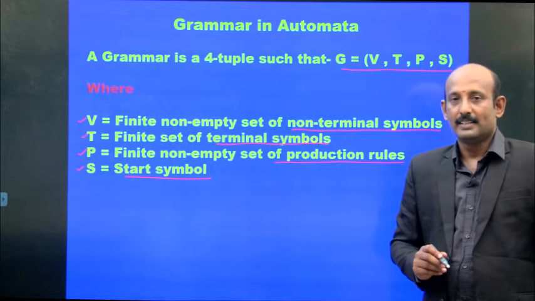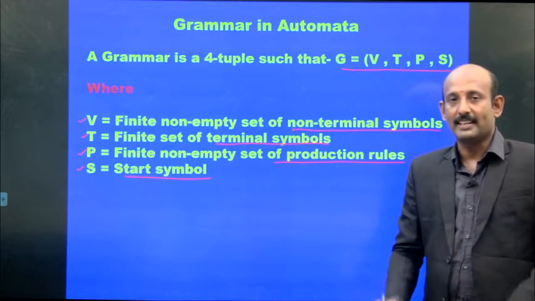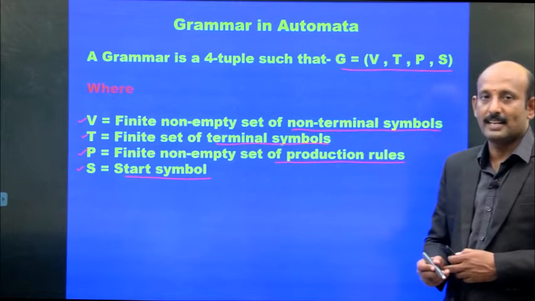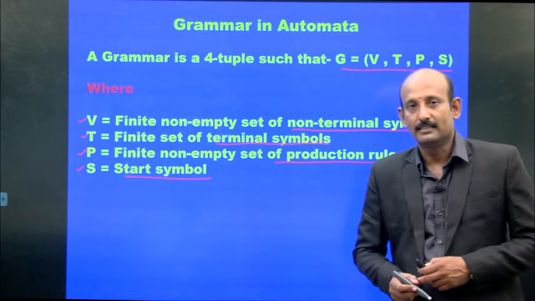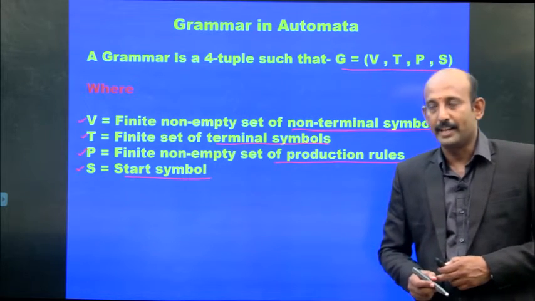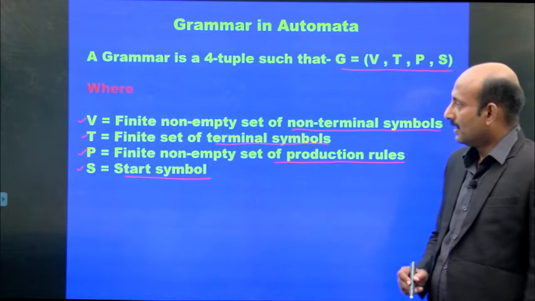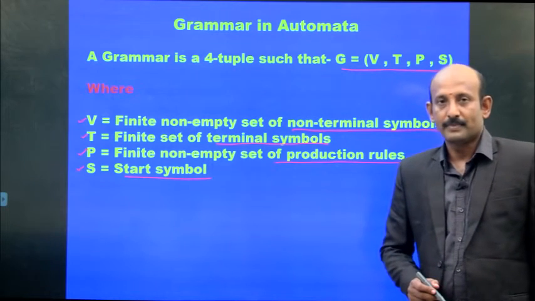The grammar is used for phrase structure, the syntactic structures, where of these 4 tuples, V stands for variable. V stands for variable, which is called the non-terminal symbols, a finite non-empty set of non-terminal symbols.